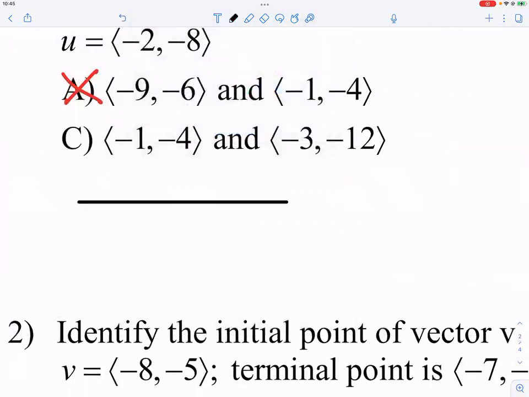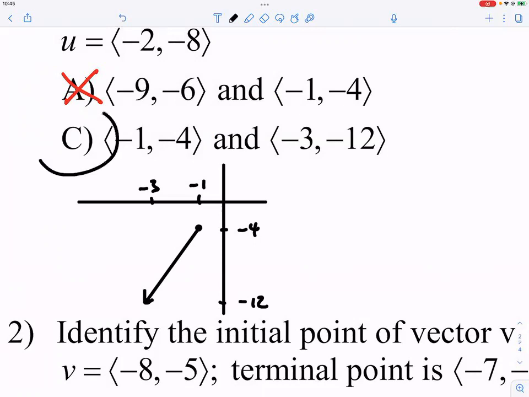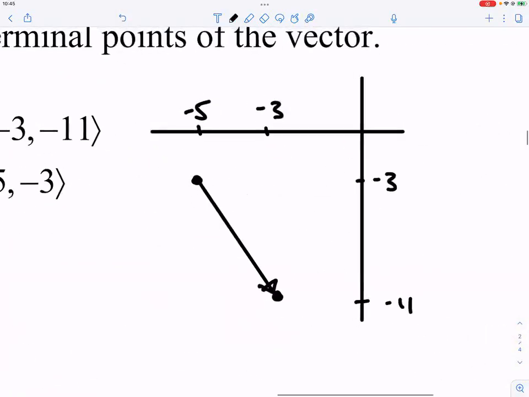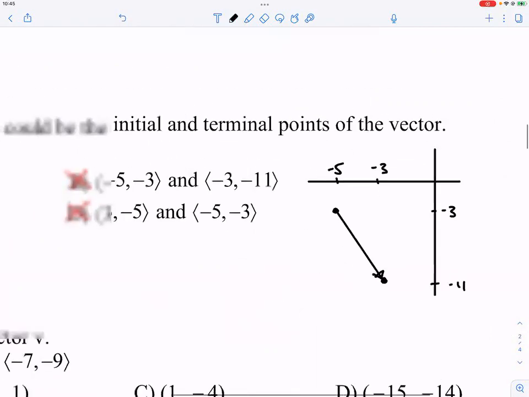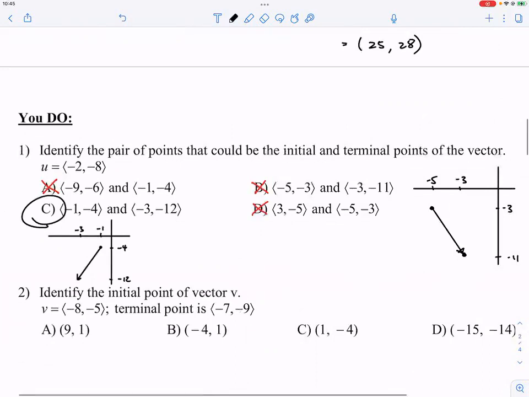If you draw choice C, you have -1, -3, -4, -12. Draw these 2 points and connect them together. You can see how it's moving to the left 2 units and down 8 units. The other one is moving to the right 2 units and down 8. So that's the difference. If you sketch it out, it'll be a lot easier to plot.